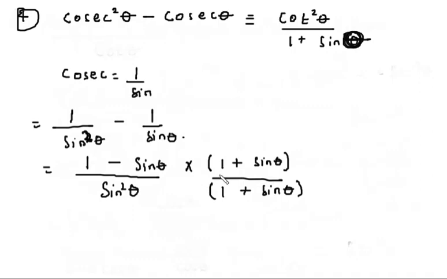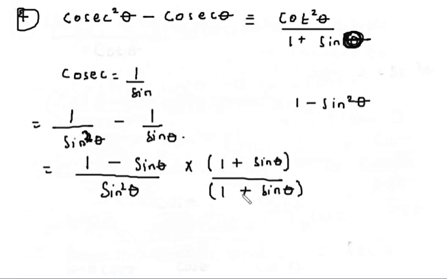The reason why we're using 1 plus sine theta is because of this term here. We had 1 minus sine theta, so we needed a conjugate term, an opposite term that will make this a difference of two squares, so that it becomes 1 minus sine square theta. That's why we introduced the conjugate term here, to multiply the numerator and the denominator.